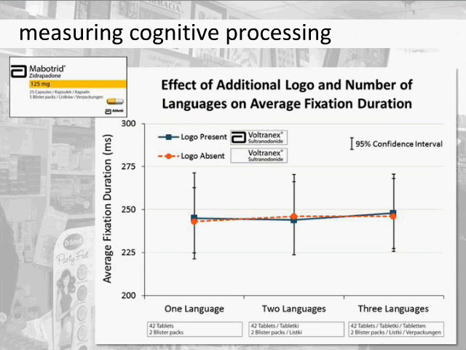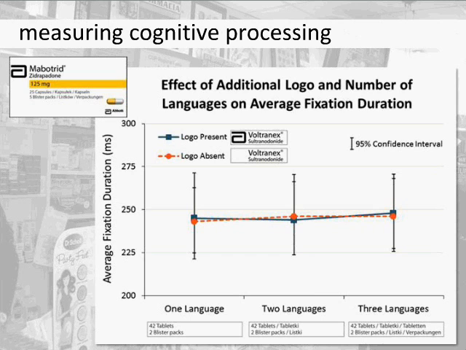And these are our findings. Along the x-axis, we have the three different language conditions. We tested labels with 1 language, then 2 languages, and 3 languages. And along the y-axis, we have the average fixation duration in milliseconds, which was our primary measure in this case. The 2 different lines represent the 2 different conditions regarding the logo.